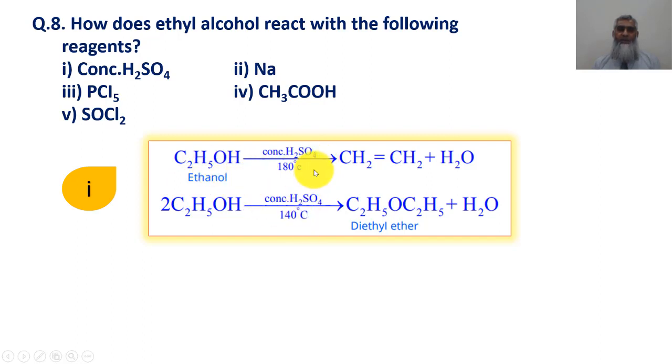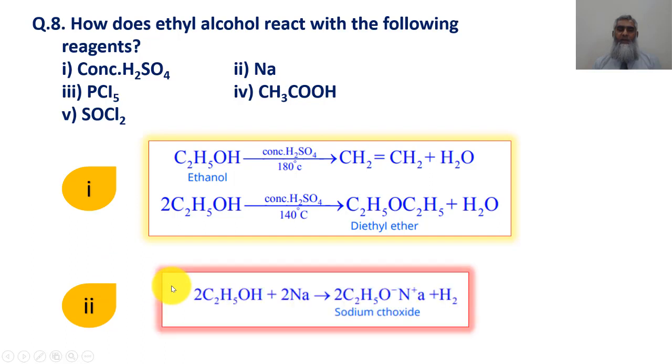Ethyl alcohol on reaction with sulfuric acid at 180 degrees Celsius will produce ethene, and at 140 degrees Celsius it will produce diethyl ether. Number 2, reaction of ethyl alcohol with sodium metal, is a salt formation reaction. Ethyl alcohol on reaction with sodium produces sodium ethoxide, and hydrogen gas is eliminated.